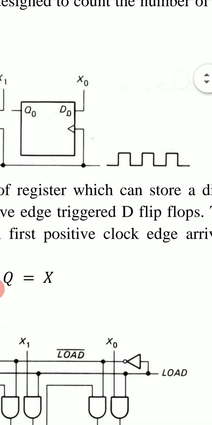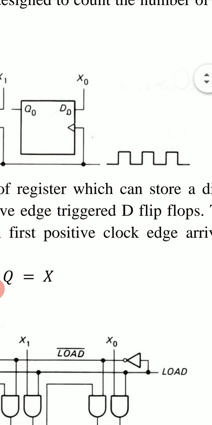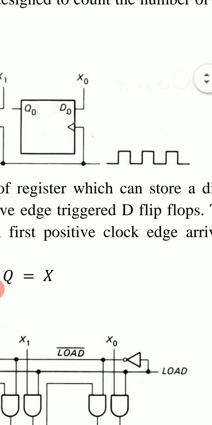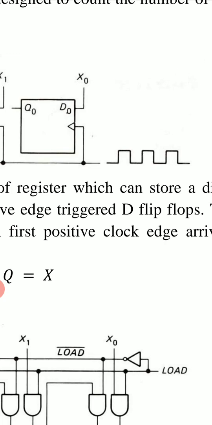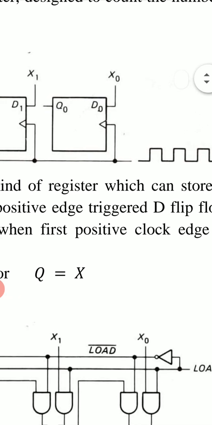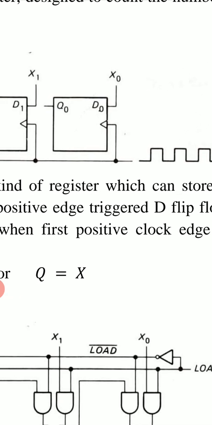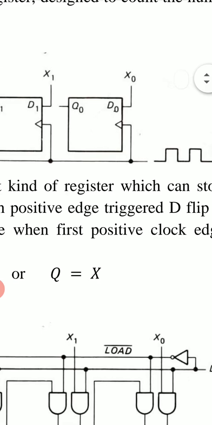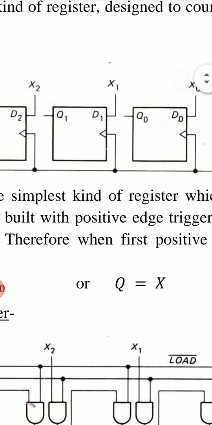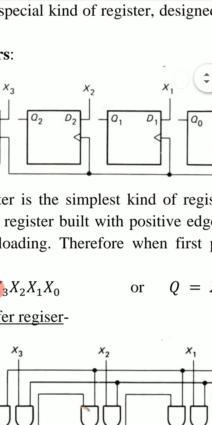This is one D flip-flop. Input data bit D0 is X0 and its output bit is Q0. This is the second D flip-flop. Its input data bit D1 is X1 and its output bit is Q1.